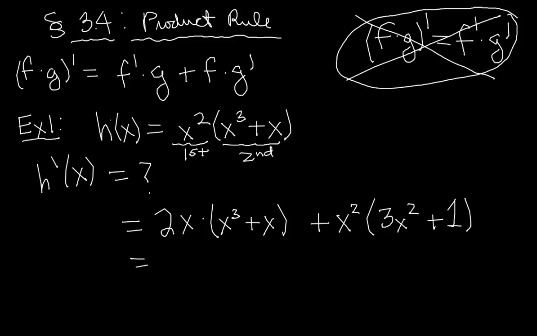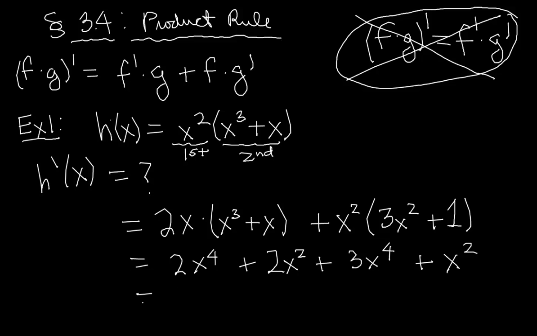And now if we simplify this, we'll get 2x to the fourth power plus 2x squared plus 3x to the fourth plus x squared.